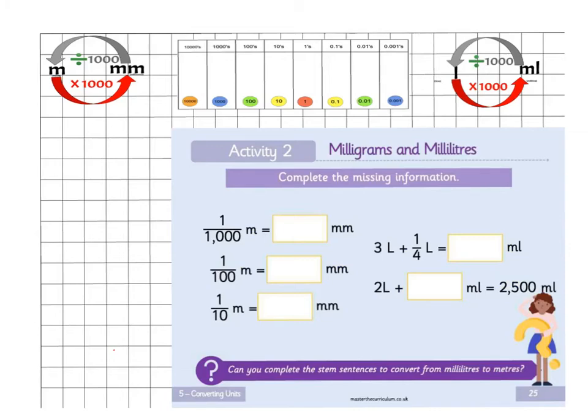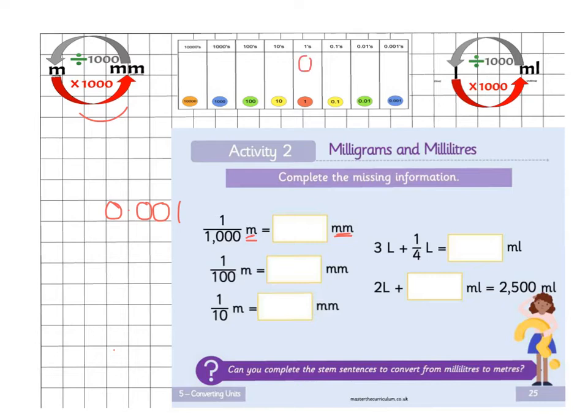Okay, so again we've got some fraction work to do here. So 1,000th of a metre is how many millimetres? So I'm just going to change that 1,000th into a decimal today, which would be 0.001. Okay, and I know to get from metres to millimetres, I'm timesing by 1,000.